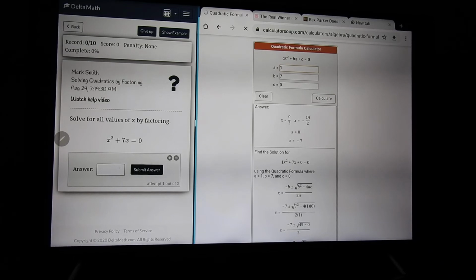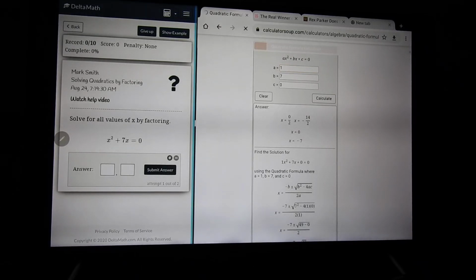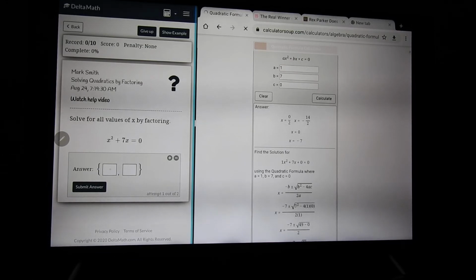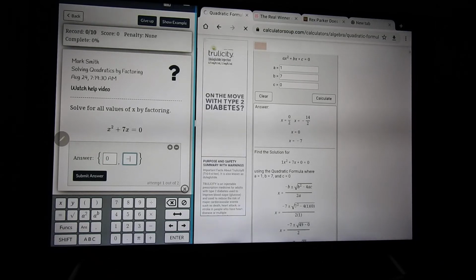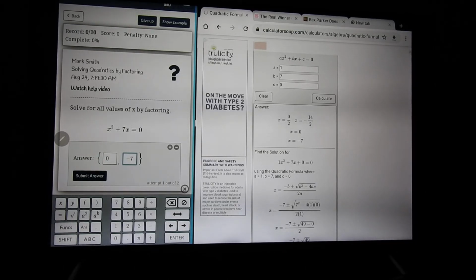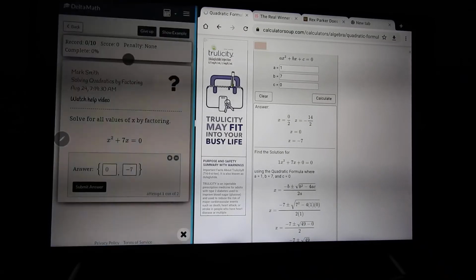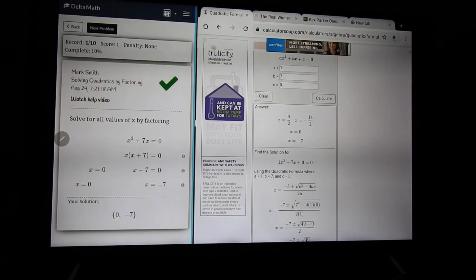Over here I'm going to have two answers, so I want to hit this plus sign to give me two answers, and I'm going to put in 0 and -7. And I'm going to submit that, and that's our answer.